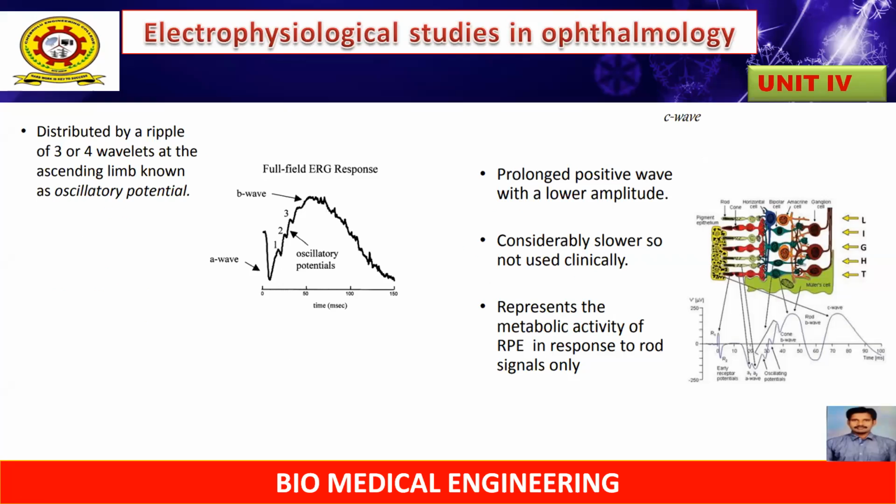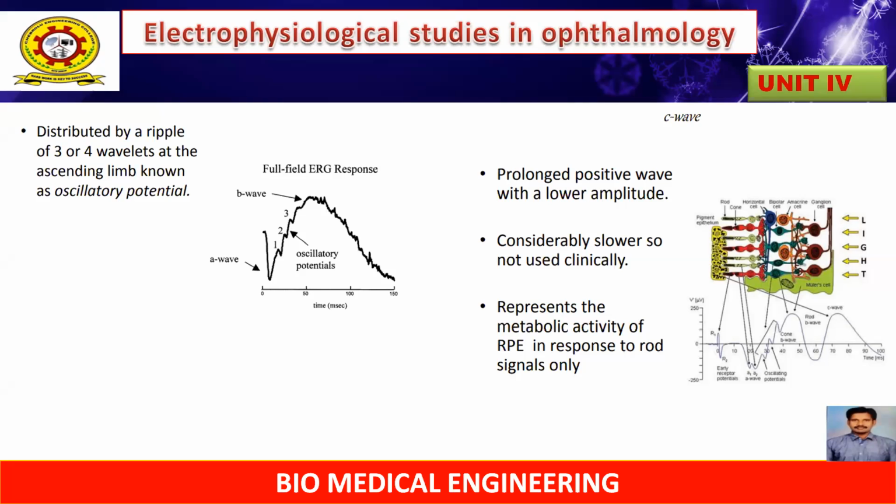The C wave has a very low amplitude and is positive. This is the eye retinal diagram. In the particular eye retinal diagram, just zoom the picture. You have the pigment epithelium, rod, cone, bipolar cell, and ganglion cells. When light is incident on the rods and cones of the retina, the light is perceived by the corresponding optical cells.